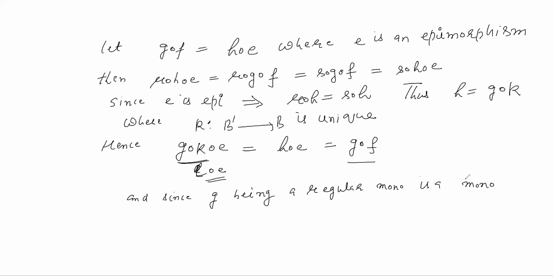It means G is actually cancelable from the right, so this means K composition E is F.